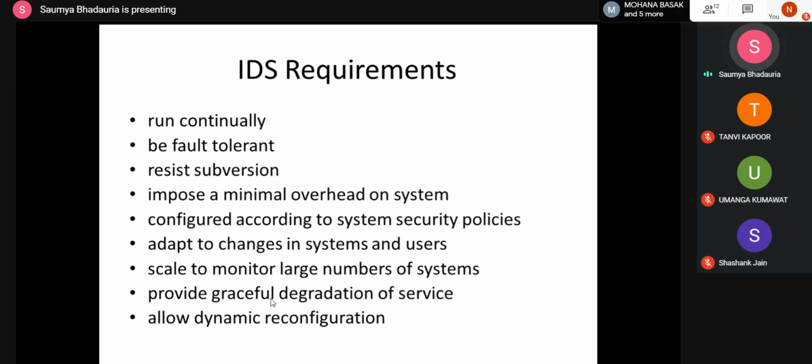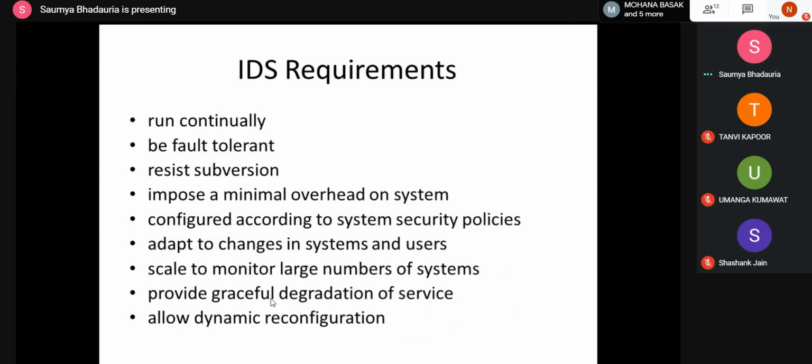What if your IDS is very heavy and is taking a large amount of computational time and resources? Then it would obviously interfere with the system and the users' processes, which would not be considered effective: a very secured system that is able to identify any sort of intrusion, but whose performance has degraded.